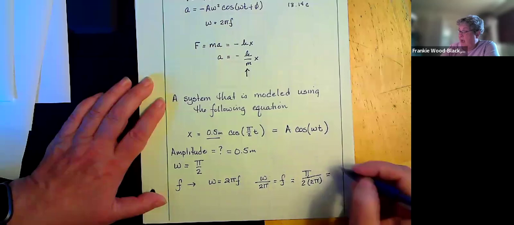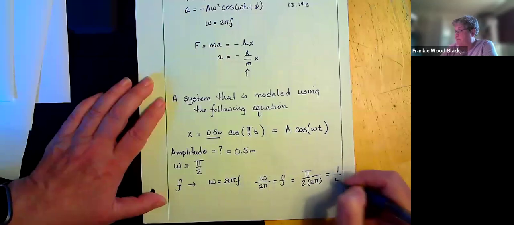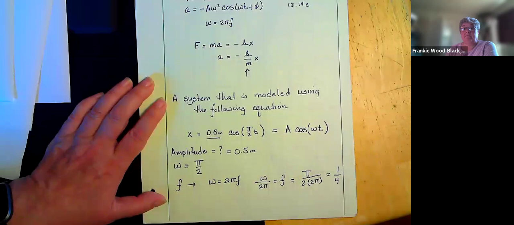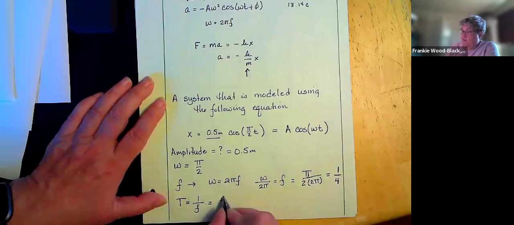So I'm going to have 1/4. I can get to the period because the period is 1 over the frequency. Well, 1 over 1/4, the period is going to be 4 seconds.